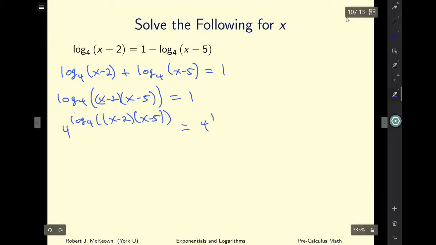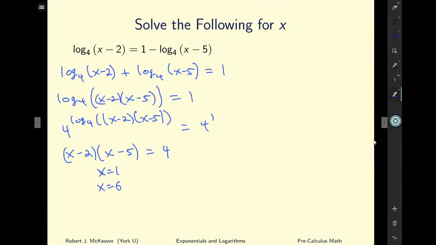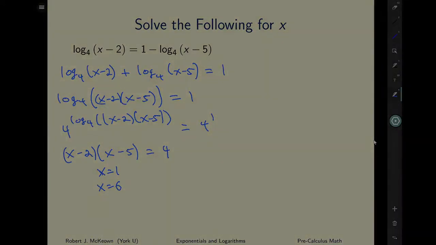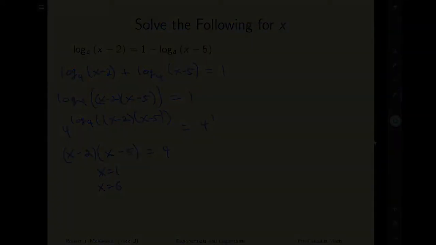And these two are going to essentially cancel each other out. And so I'm going to have x minus 2 times x minus 5 is equal to 4. If x is equal to 1 or x is equal to 6, then this expression is going to be equal to 4. So we have two solutions.